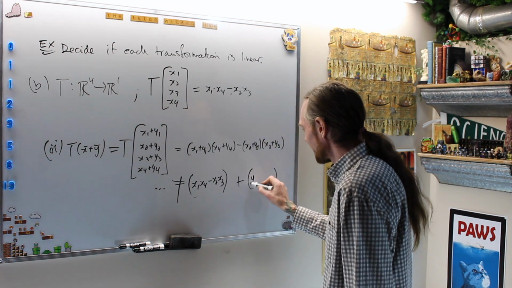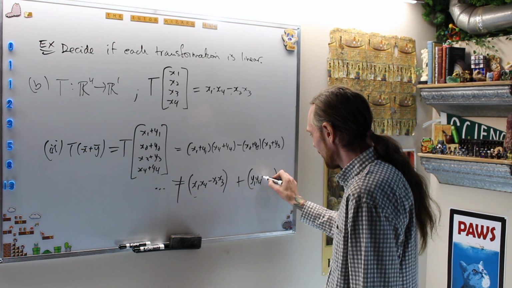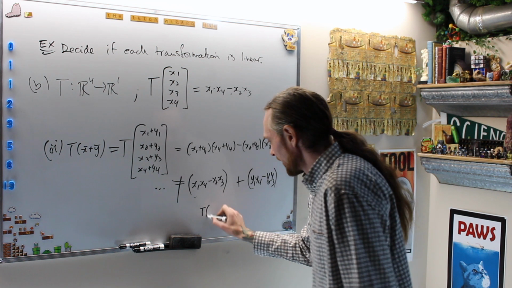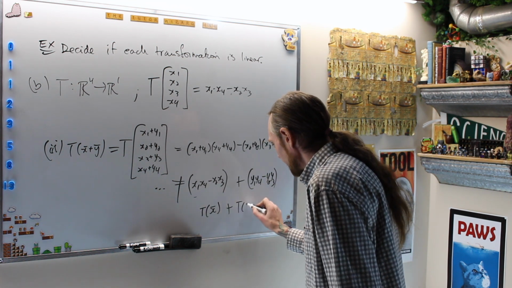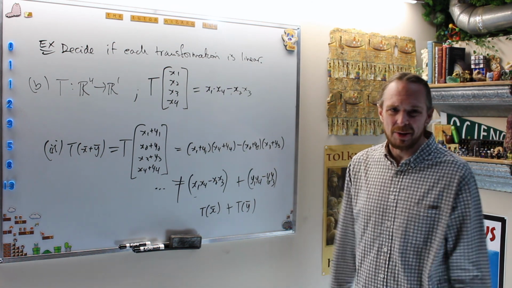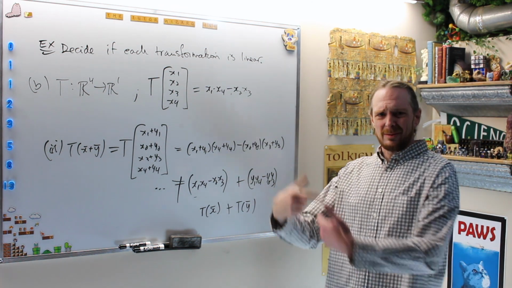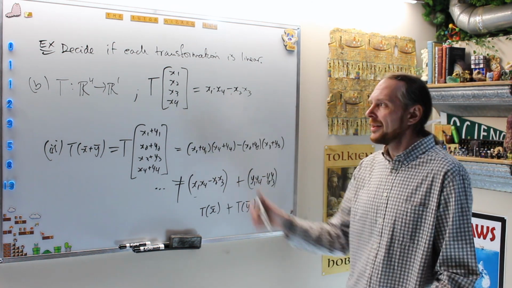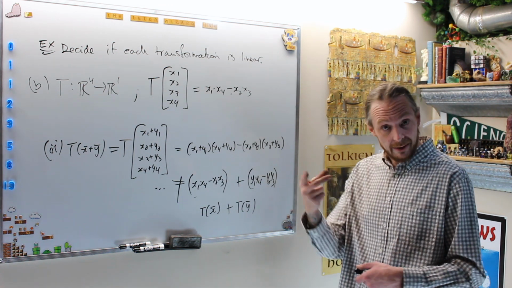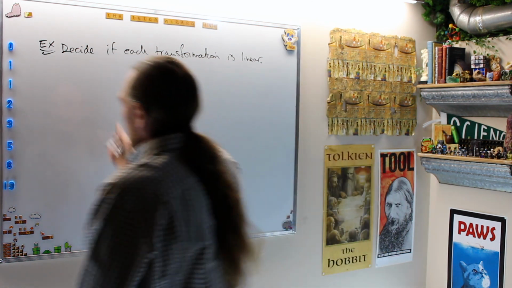You can flesh out the details, but this should be y1y4 minus y2y3, which would be T of x plus T of y. It doesn't equal that. FOIL all of that out and you'll have extra terms. It's not linear. Determinant is not a linear operator, but it does send 0 to 0. Careful. Platypi. C.